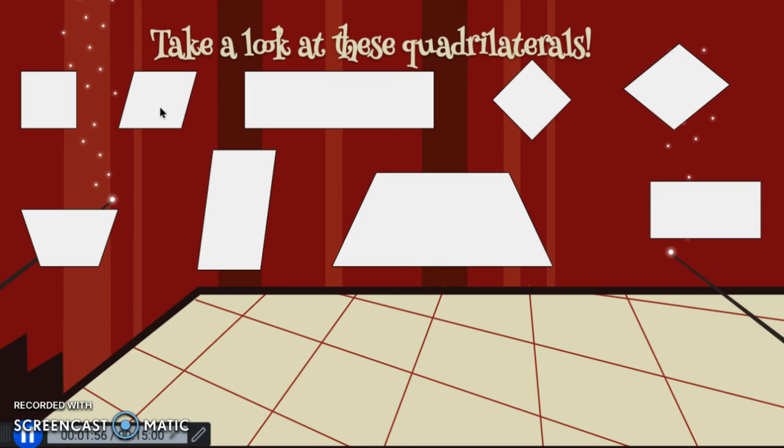A rhombus. It also has straight sides, so all of these are considered polygons because they're all closed shapes and they all have straight sides made up of line segments. The next one is a rectangle, and as we go through, you can see these shapes.